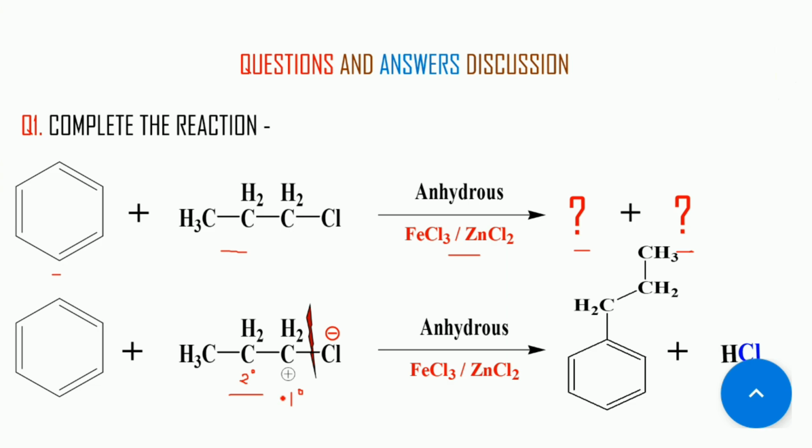But why? You can see that I am using FeCl3 or ZnCl2 as a Lewis acid instead of AlCl3. Now there are lots of Lewis acids in our chemistry.